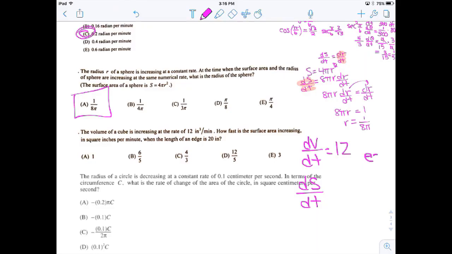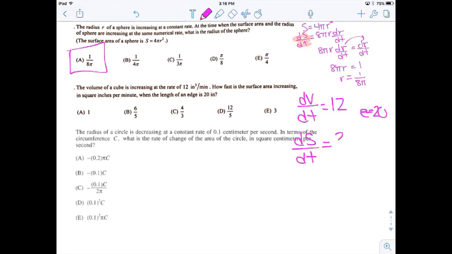Let's start with what we know. Volume equals the edge length cubed, and surface area is 6 times the edge length squared. So those are the two things that I know. In order to figure out dS dt, we need dE dt, right? So dS dt would be 12 E dE dt.